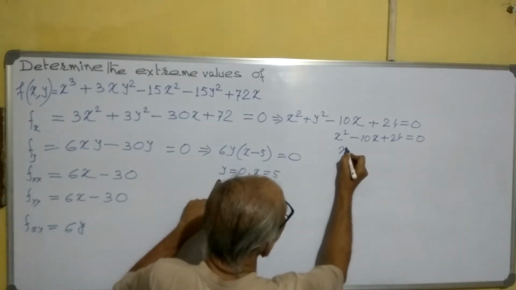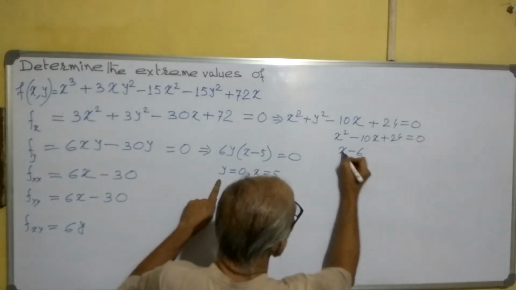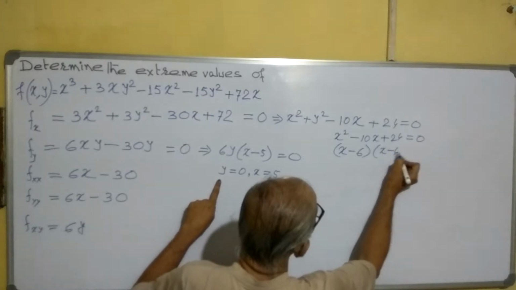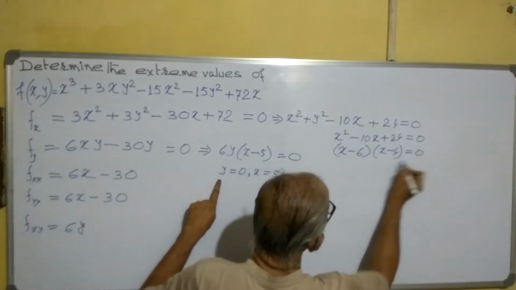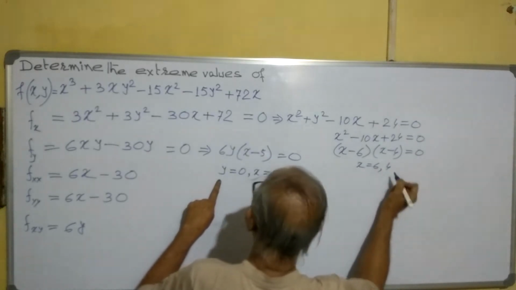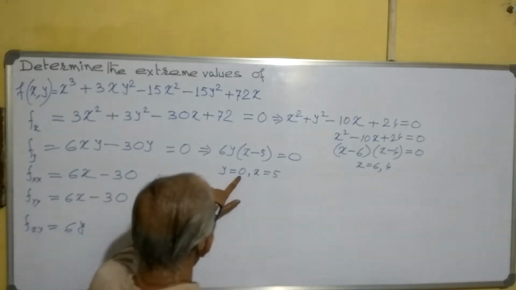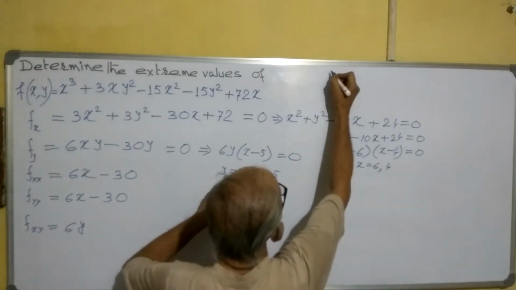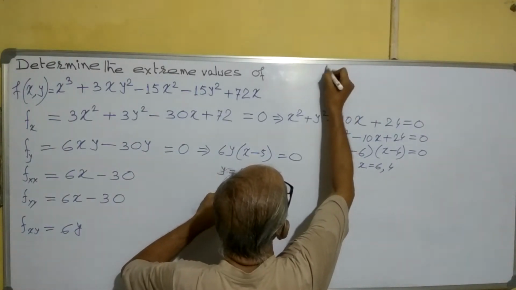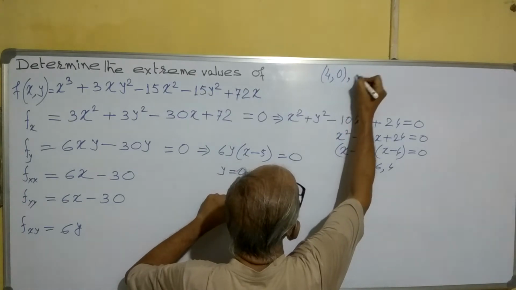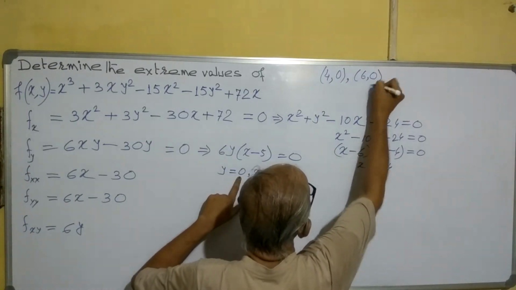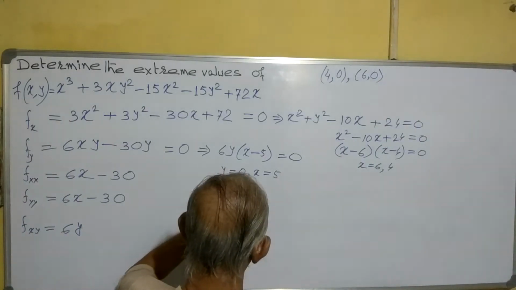By factorizing, you can understand it is x minus 6 into x minus 4 equals 0, that is x equals 6 and 4. When y is 0, the points are 4, 0 and 6, 0. These 2 points we are getting as extreme points.